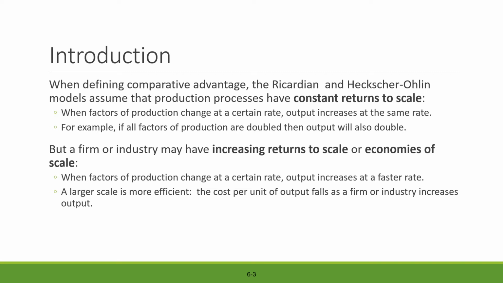Because when you have the increasing return to scale, you are now able to produce more with those same inputs. You are doubling those inputs, but you are able to produce more than you could have individually with those 10 inputs. So basically, the cost of production decreases. As you add up the resources, the cost of production decreases. So a larger scale is more efficient. It increases the efficiency of production. The cost per unit of output falls as a firm or industry increases output.